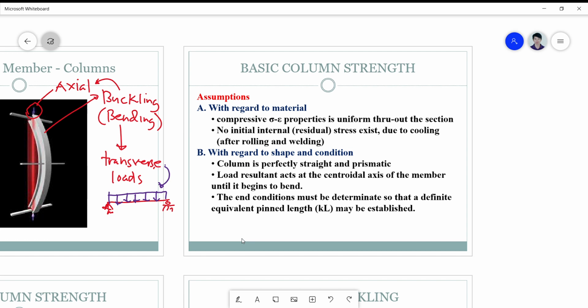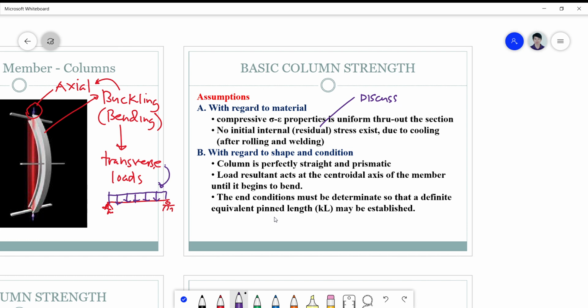As to the material, the assumption is that your compressive properties, specifically the stress strain property, is uniform throughout the section, and there is no initial or internal residual stress that exists due to cooling, after rolling, and welding. So this residual stress will be discussed to you later. Okay.